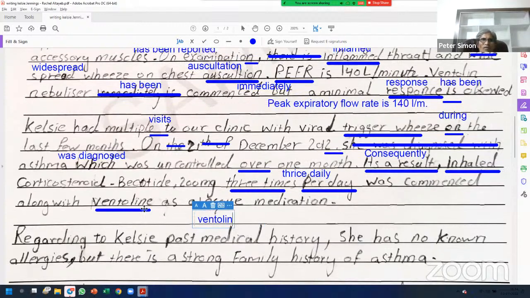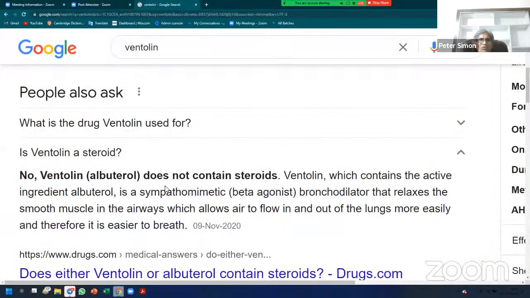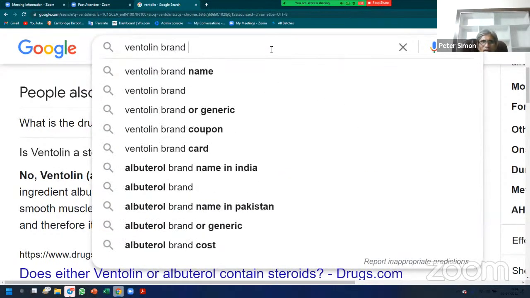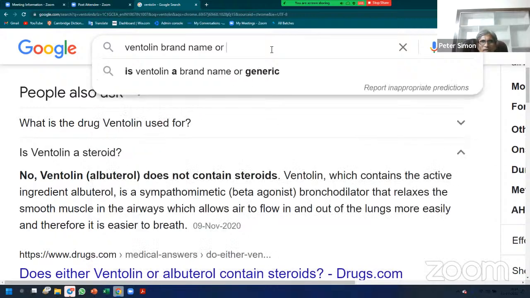Ventolin. Is it a brand name or generic name? Ventolin is coming in between also, it is capital letter. So it is a brand name then. Ventolin is a brand name. So let us ask Google, Ventolin brand name or generic name.